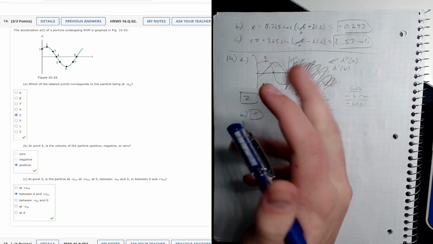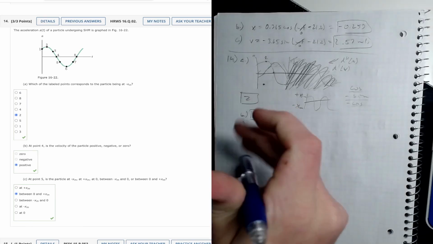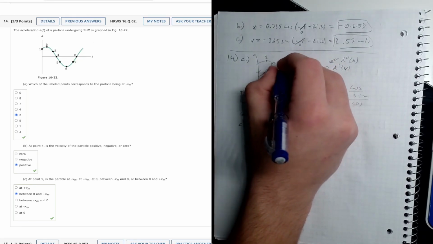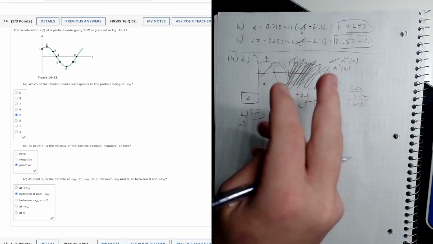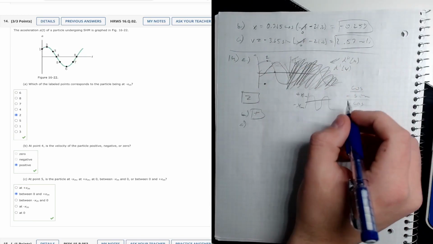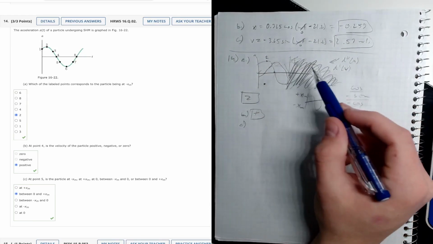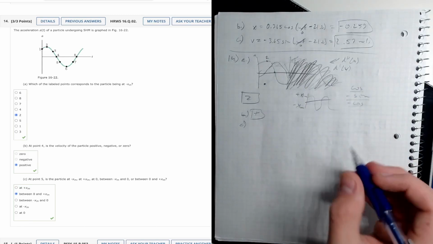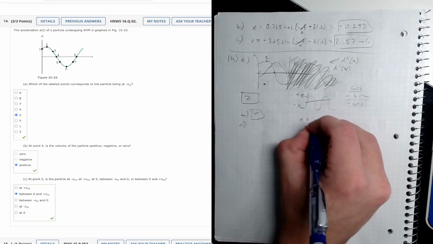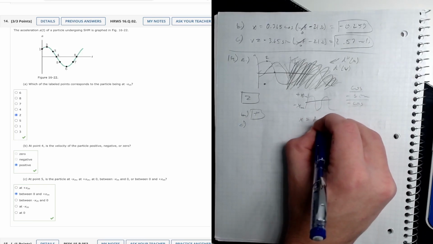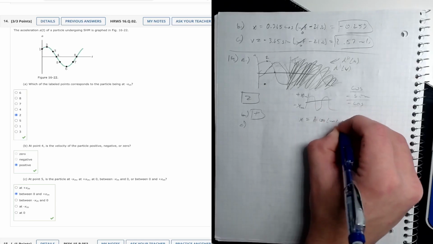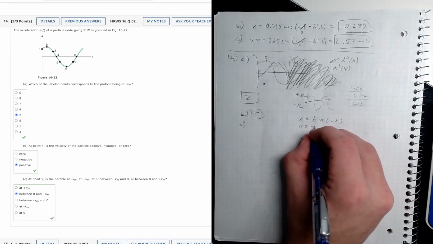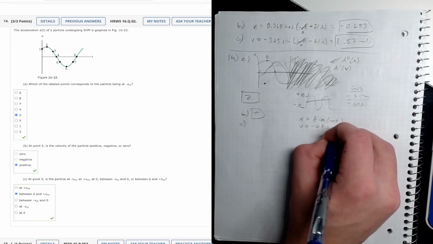So as I said, guys, it would flip it around. At 0.5, it would have to be between 0 and positive x maximum, because it flips around because of the derivative relationship between acceleration, velocity, and position. Position equals A cosine wt. Velocity equals the derivative of that, which is negative wA sine wt.